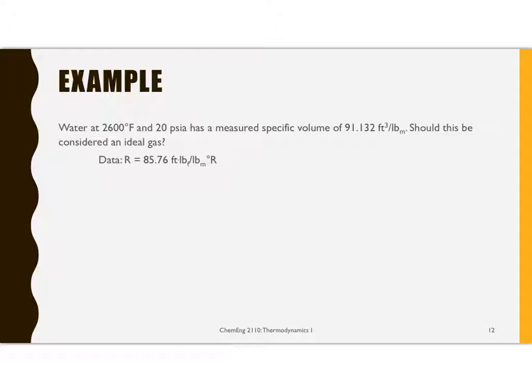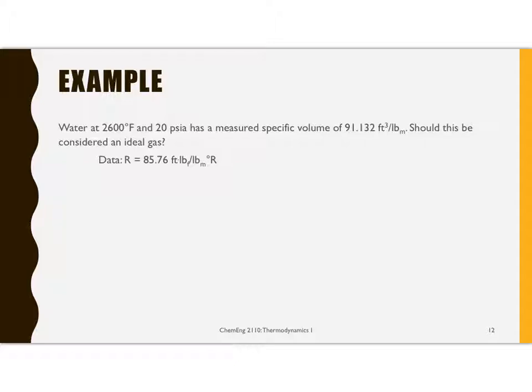So in this example, we have water at 2600 degrees Fahrenheit, so a very high temperature, and 20 psia, which is a high pressure compared to atmospheric, but it's not very high. And it has a measured specific volume of 91.132 cubic feet per pound mass. And what we want to know is, could this be considered to be an ideal gas or to behave as an ideal gas?